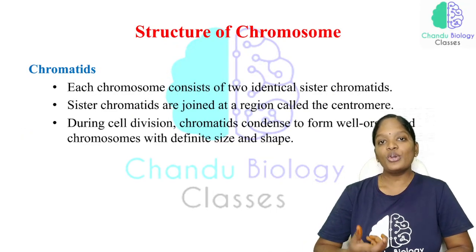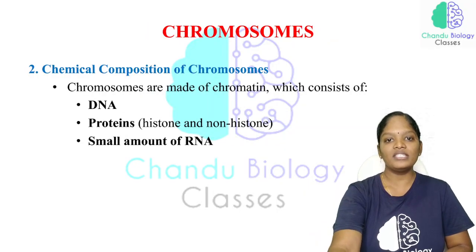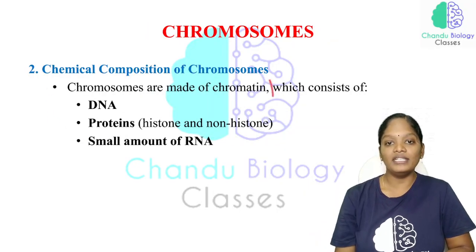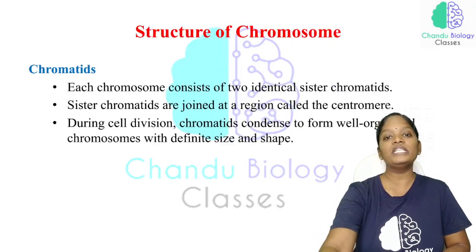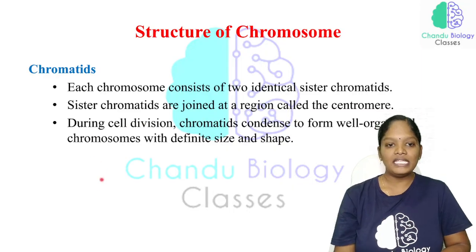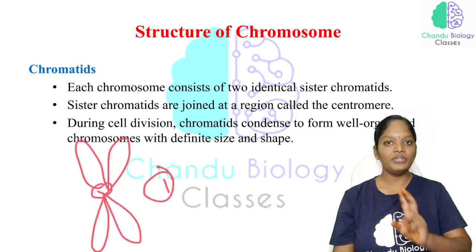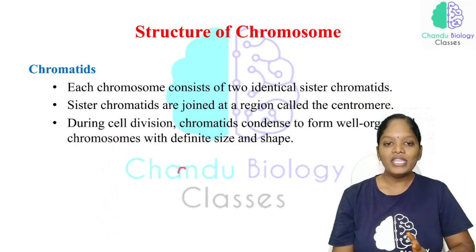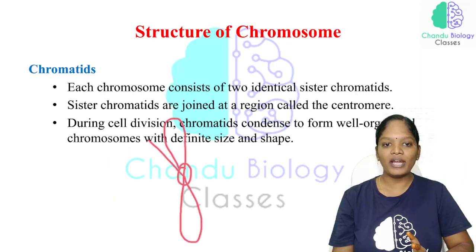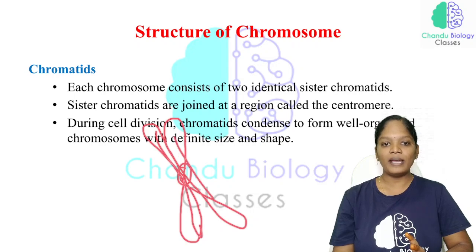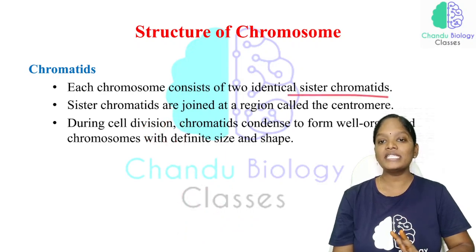So now what is a chromatid? What we have discussed here is chromatin, and you should know what a chromatid is. See here, this is one chromosome, no doubt in that. In that one chromosome, we have two identical sister chromatids, up and down.